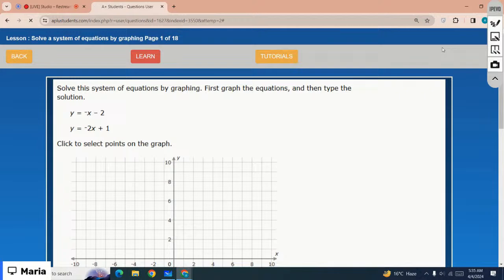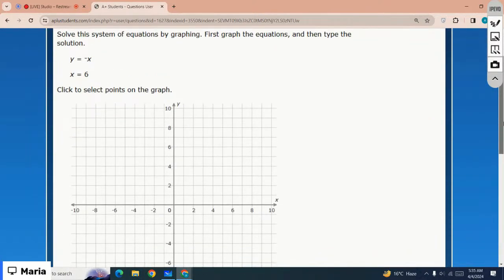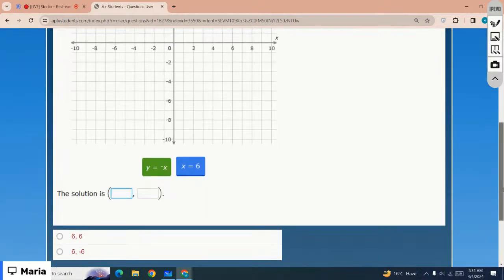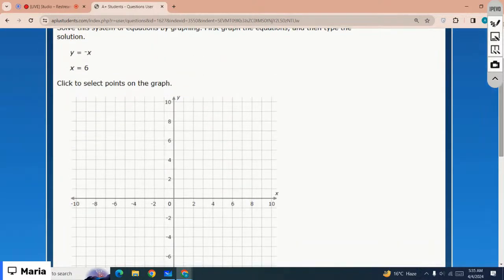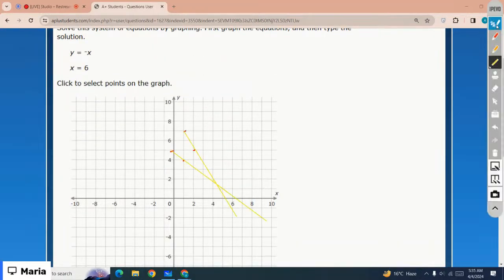Let me try the second one, right? Okay, y equals negative x and x equals 6. So when x equals 6, y equals negative x. That means 6 and negative 6 is the solution. Negative x is 6, so that would mean y equals negative 6. You have a line over here.